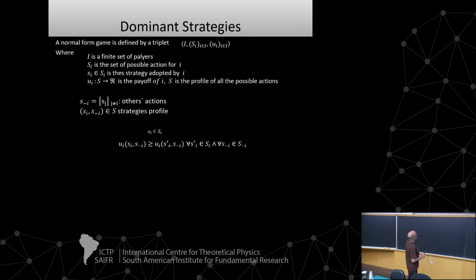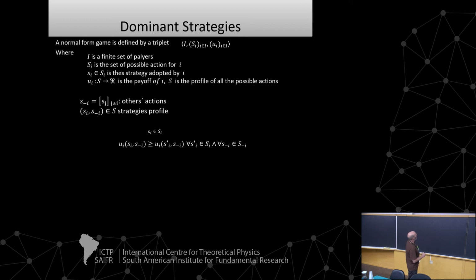So suppose that I take one of the strategies from the set of possible strategies for individual i, okay? I will say that a strategy is dominant if, for any, and this is important, for any strategy different from the one that i has adopted, the payoff of this strategy s_i when confronting the rest of the individuals is always bigger or equal to any other strategy that I can choose when confronting the same set of individuals.